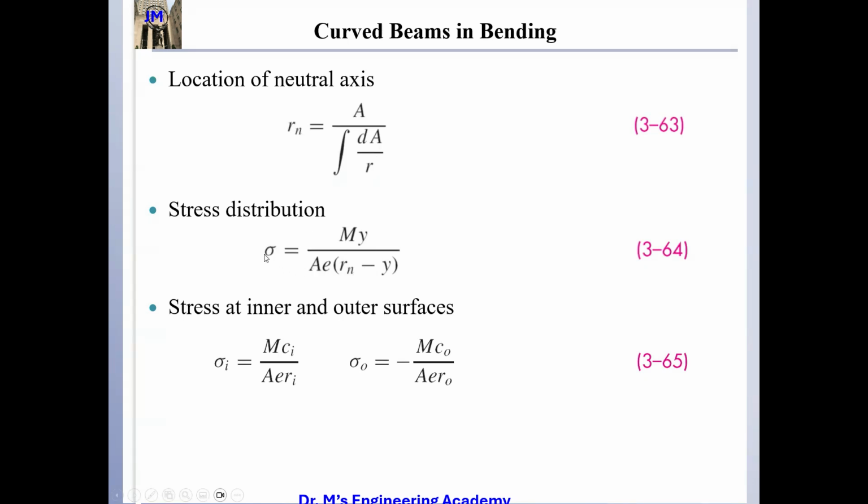After you get sigma for the inner surface and outer surface, you can use these two equations to calculate. Keep in mind, one is positive, one is negative. Questions so far? This is the first step, and you need to calculate it.